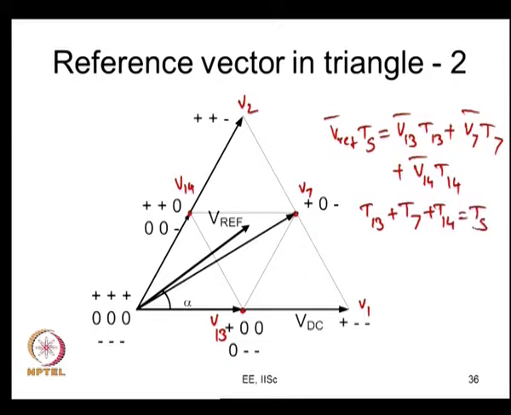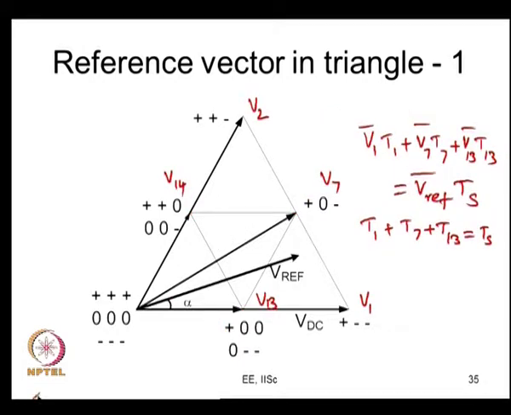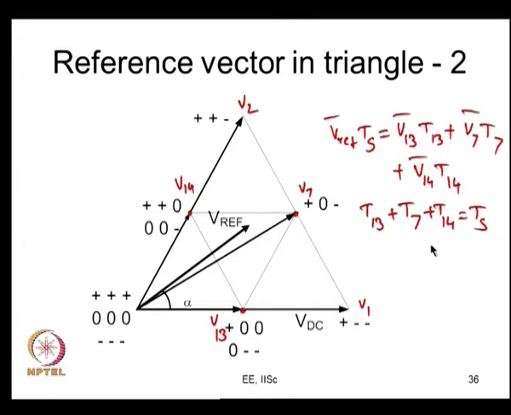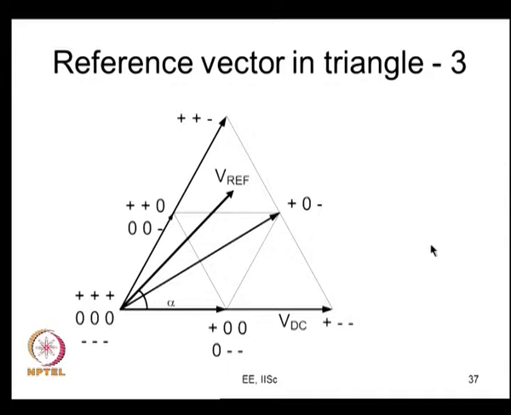From solving this you get the volt second balance. Then you can get expressions for T13, T7 and T14 in terms of Vref and alpha. But you will see that the set of formulae you get from here and the set of formulae you get from the earlier case would be different. This is one difficulty you have. Now, once again, if your reference vector falls in this so called triangle 3, this is V7, this is V2 and this is V14.